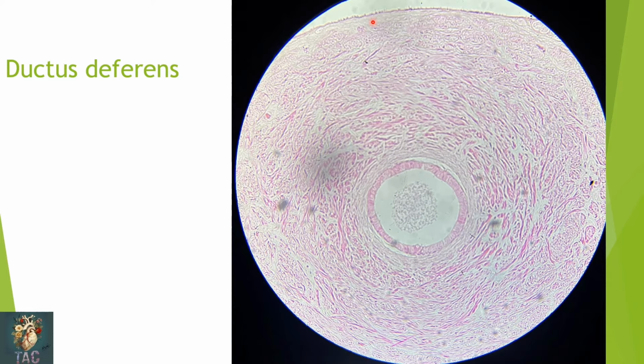So these are the very important identification points for this slide. Our first point is the complete lumen, which you can see over here. And the second identification point for the slide is the thick muscle coat, which helps you to identify the slide of the ductus deferens.